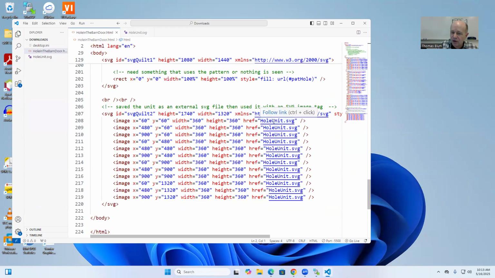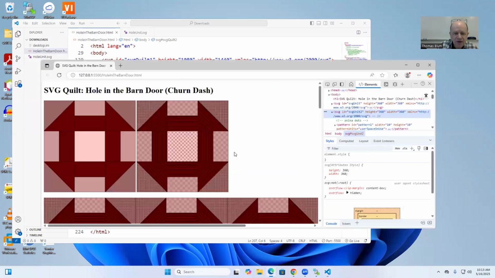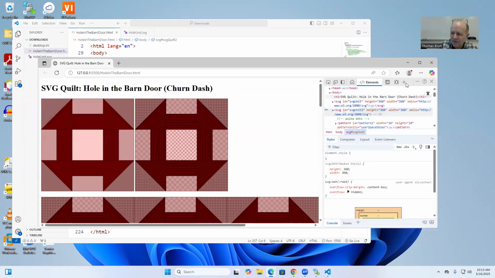Now I can use that external SVG file. There it is, I called it whole unit SVG. I'm using that in an image tag within a larger SVG. In this one, I'm not using it as a pattern. I'm using it as an image that I can place, so I don't have to place them exactly next to each other.